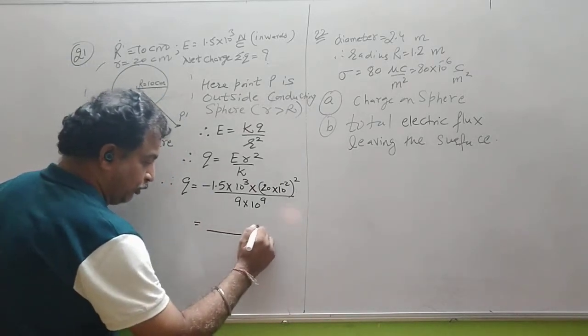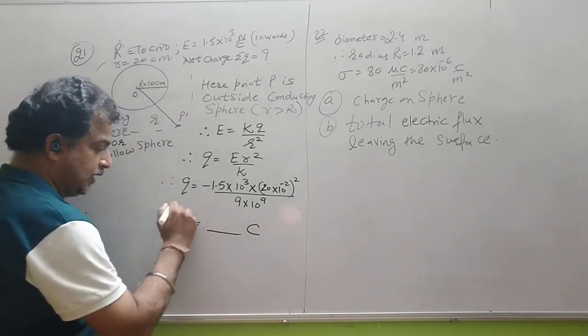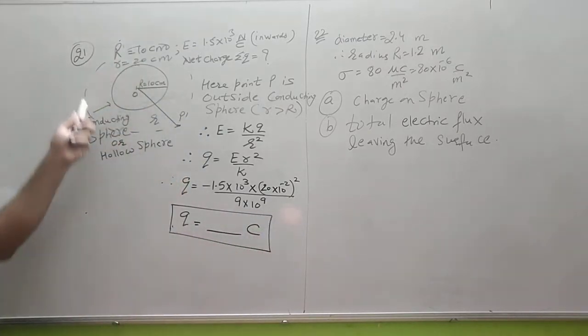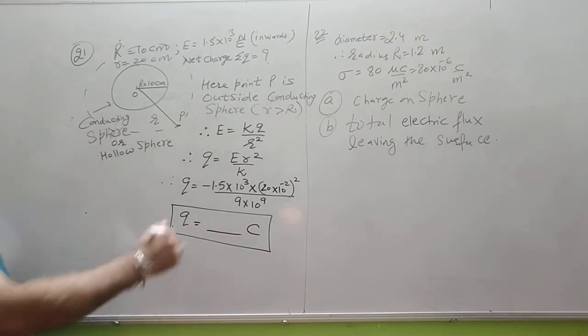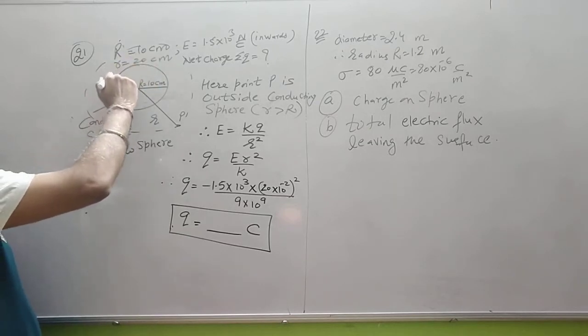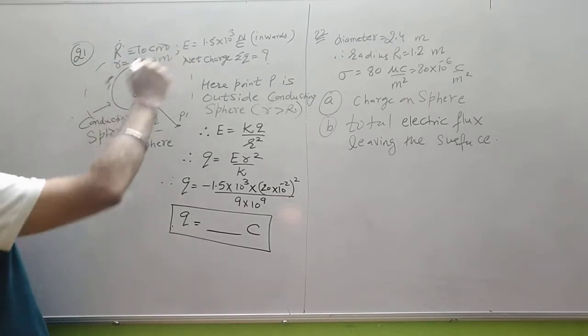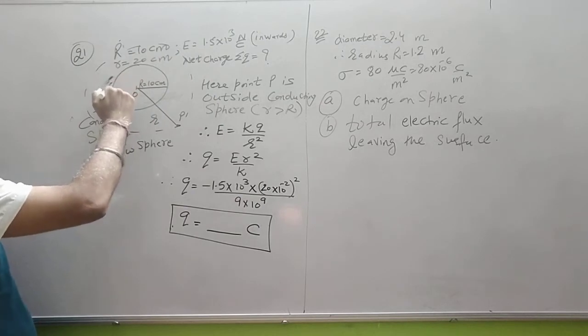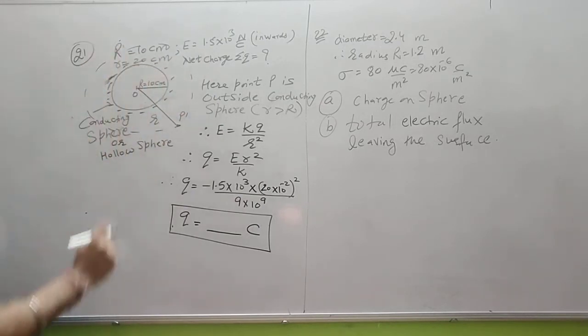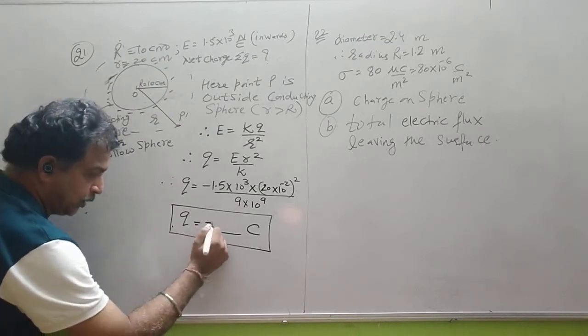This much amount of charge is distributed on the conducting sphere. So this is the net charge on the surface of the conducting sphere, and since the field line is inward, we take the charge on the surface to be negative. So your answer should be negative.